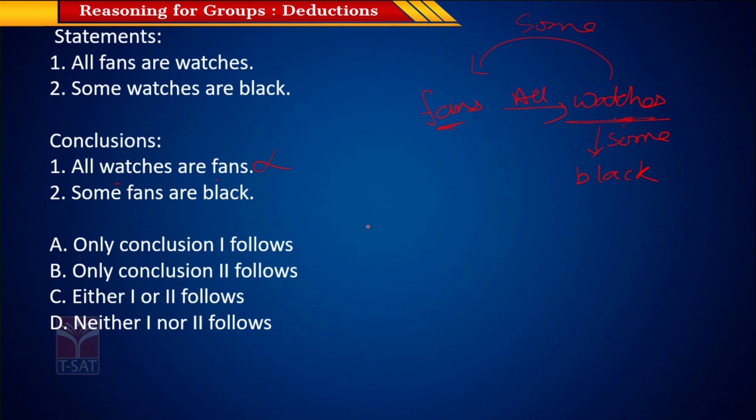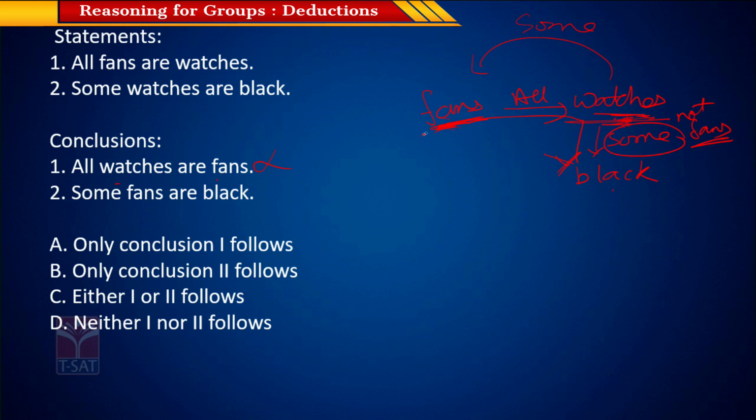And the second statement says some fans are black, right? So all of fans are watches and some of these watches are black. So it could be that there are these fans, and they're all watches, but some of these watches are black. You cannot definitely say that some fans are black, right? Because some of these watches could be that they are not fans.